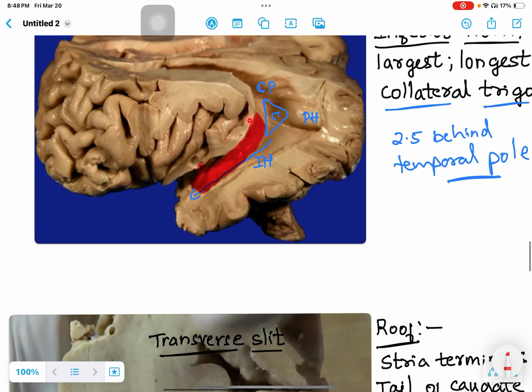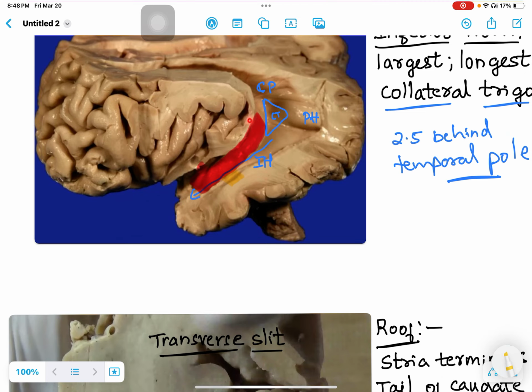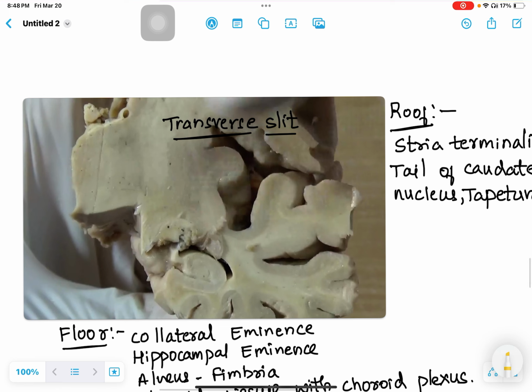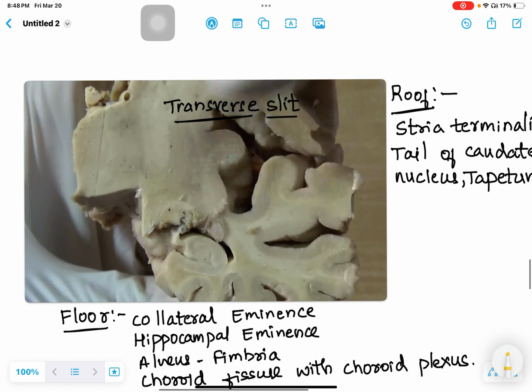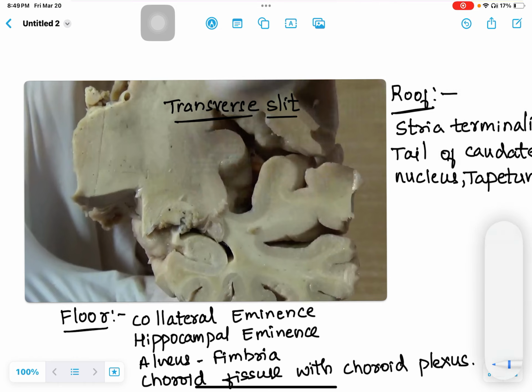This collateral eminence is adjacent to the hippocampal bulge. These two are the main longitudinal elevations which we see in the inferior horn. Seeing in cross section, unlike the others which are triangular and quadrilateral, the inferior horn is just slit like.